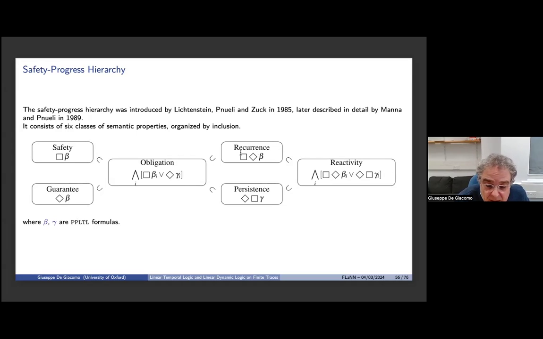And also for recurrence, infinitely often you satisfy a certain pure past LTL formula. Or for persistence, except for a beginning, except for finitely many times, a certain formula is always satisfied, and so on and so forth.